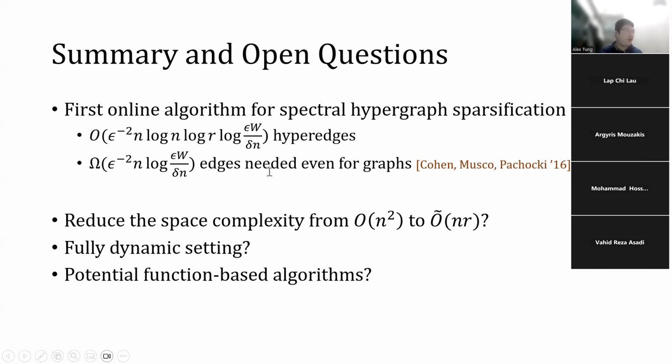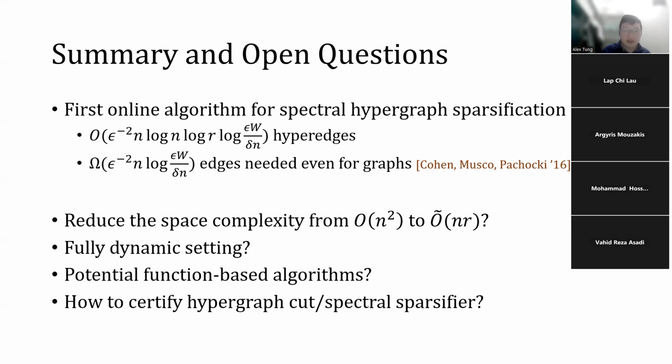And then some more, less directly related questions. First of all, most of the algorithms for hypergraph sparsification are sampling based. Can we do something that is potential function based and potentially shave off some log factors on the number of hyperedges? And finally, this one is a bit funny because one big advantage of spectral sparsification for ordinary graphs is that it's something you can check in polynomial time.